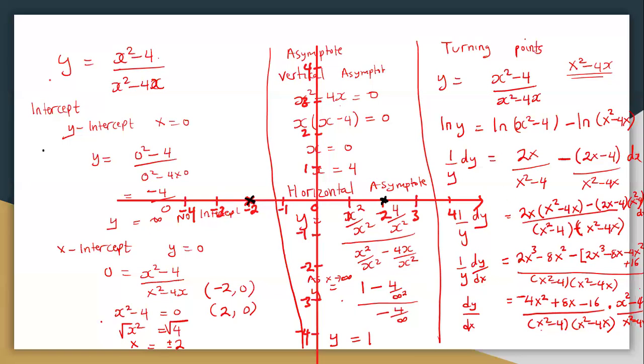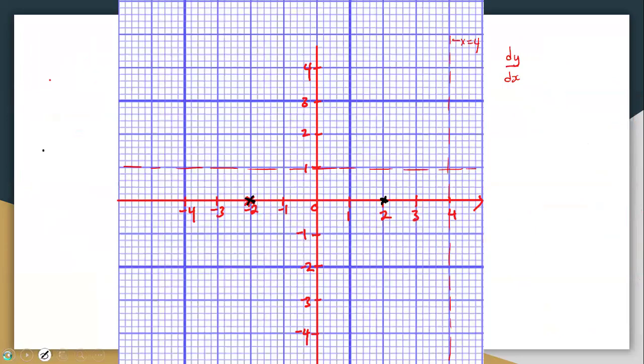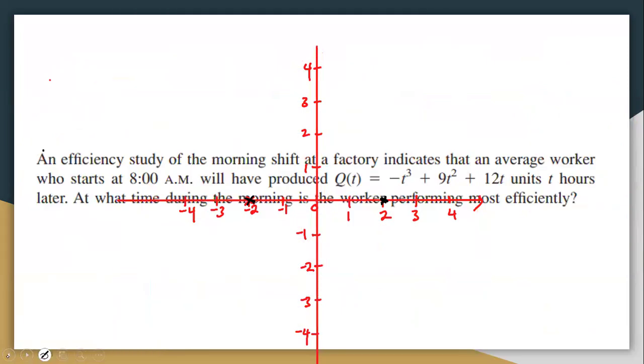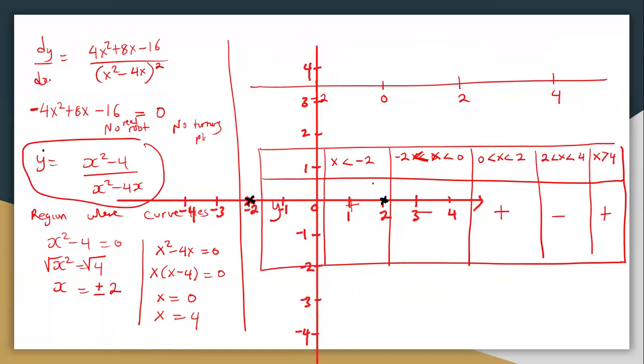We didn't have a turning point. So we are going to go on and look at the regions. When you look at the regions from here, the first one was a positive.